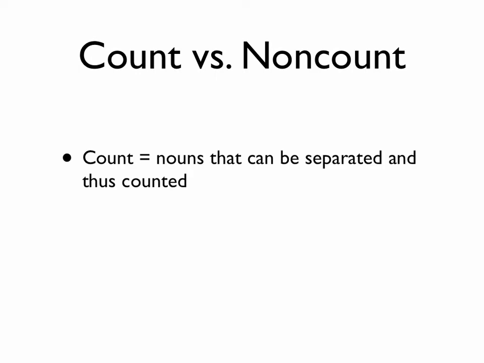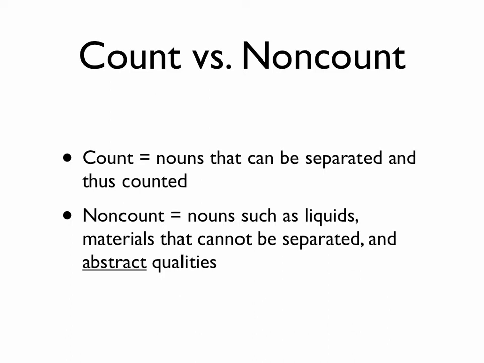Count versus non-count nouns. Count nouns can be separated and thus counted, and non-count nouns are such as liquids, materials that cannot be separated, and also abstract qualities. You might be confused by certain words like bread. Usually English speakers don't say breads, they'll say loaves of bread, or they'll say slices of bread.